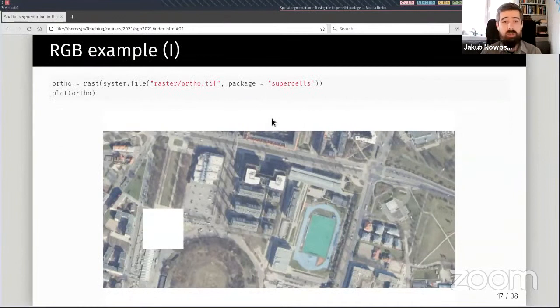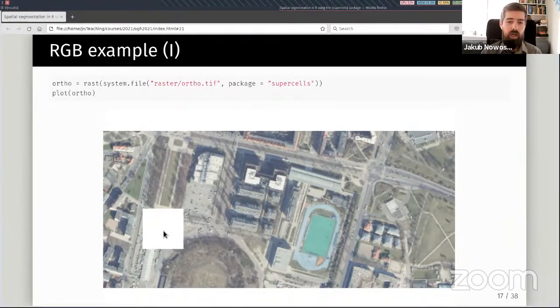The second example is also fairly straightforward, because it's similar to how this algorithm and this idea was developed. So here we have an image. This is an orthophoto map with some empty space. So this is missing data, just to test if our algorithm works on missing data.